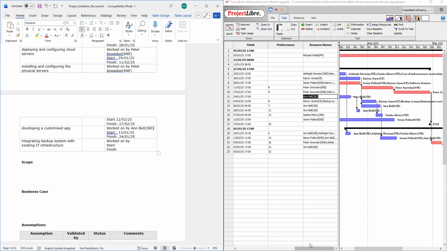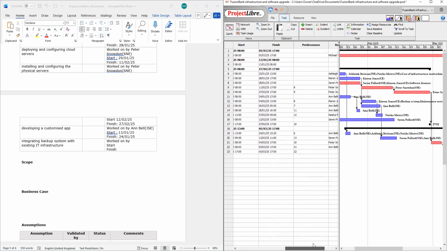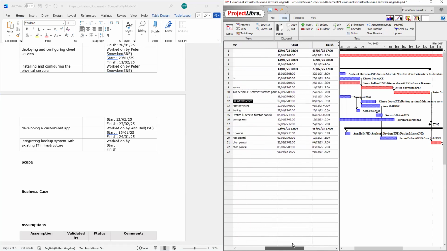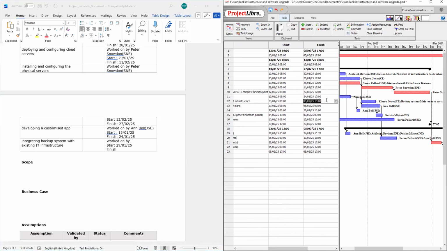Then the integration of background. Start date, finish date.